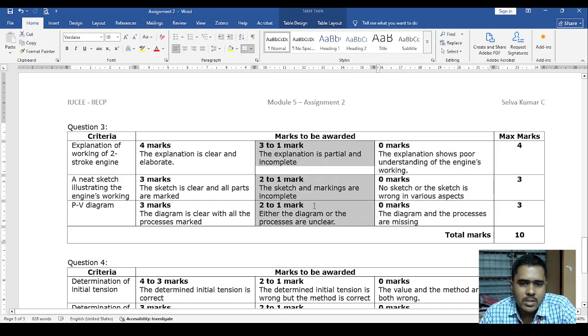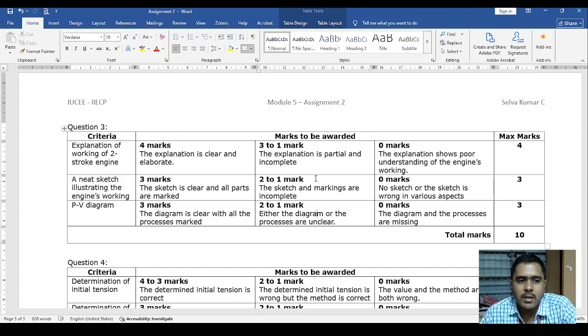But when it comes to the partially submitted answers, we have to spend time reading their answers and proceeding. So for those students, we will be awarding somewhere between 3 to 1 marks or 2 to 1 marks. So this is the rubrics which I have prepared as a part of this assignment. Thank you.